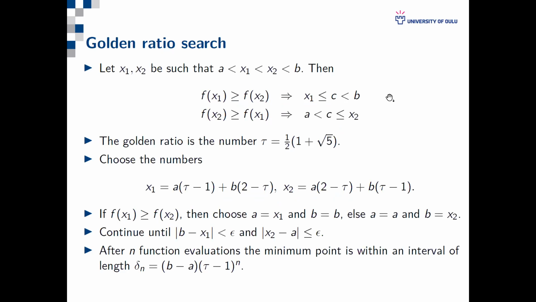Then we have the golden ratio search. So the golden ratio here is the number tau. I can't remember, it's the root of the second order function.